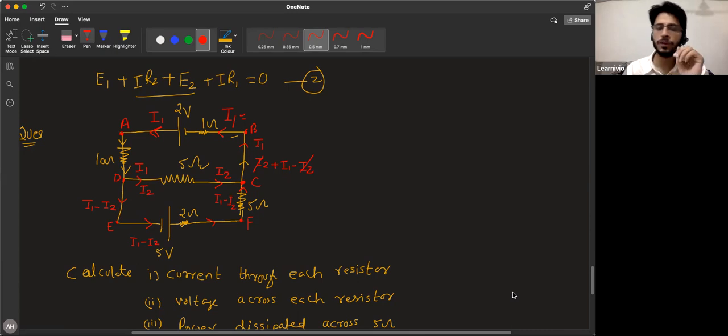I'm saying that some current I2 is flowing through this resistor, then some other current will flow through this resistor. Or instead of starting with this cell, we can start with this cell. I'm saying that the current through this 5 ohm resistor is I1 minus I2. Is it possible that current through this 5 ohm resistor could be I2 or I5 or I3, something else?